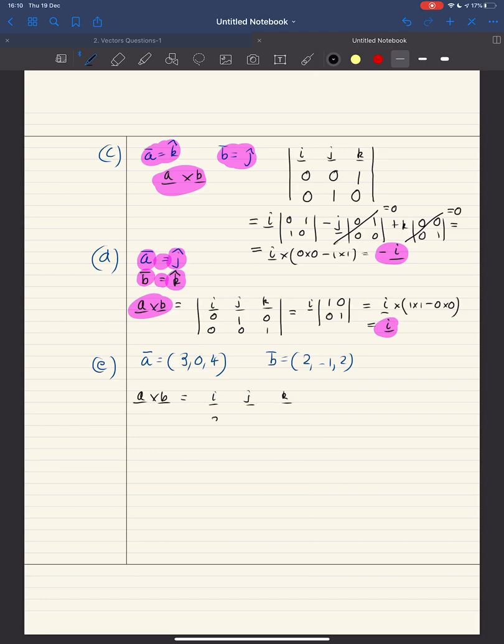So right, in the i j k: 3, 0, 4, 3, the same one. So is there 2, minus 1, 2. I times, and it's 0 minus 1 times 4, 2, minus j, 3 times 2 minus 4 times 2, plus k, 3 times 0 minus 2 times minus 1.